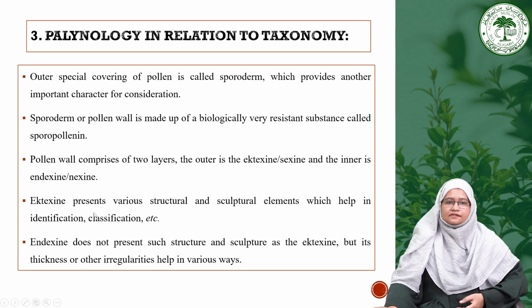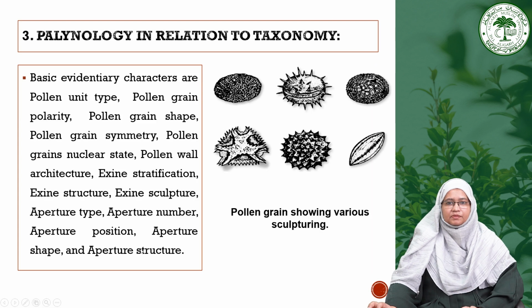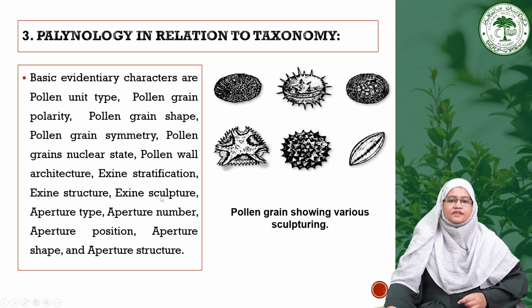Sexine presents various structure and sculpture elements which help in the identification and classification of particular plants. Nexine does not show such structure and sculpture, but its thickness or irregularities help in various ways to identify different groups of plants. You can see here the different types of sculpture that are part of the sexine.